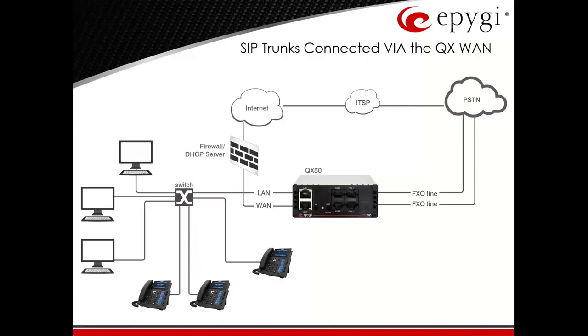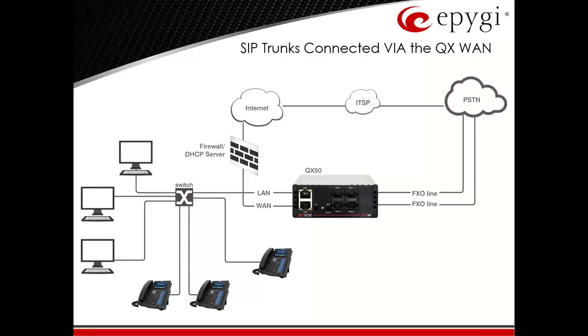When you sign up for service with a SIP trunk provider, also known as an ITSP, an Internet Telephony Service Provider, you're going to get an account with them, and you'll purchase some DIDs. A DID is simply a 10-digit phone number.